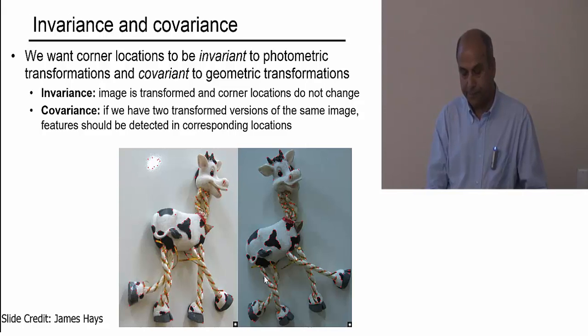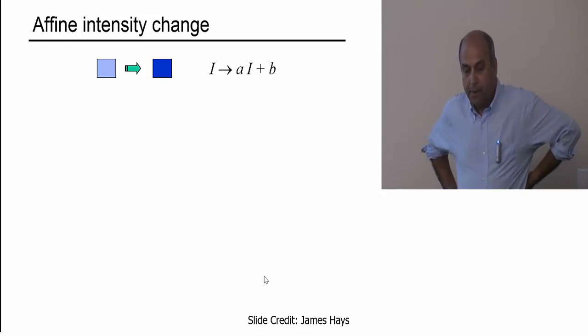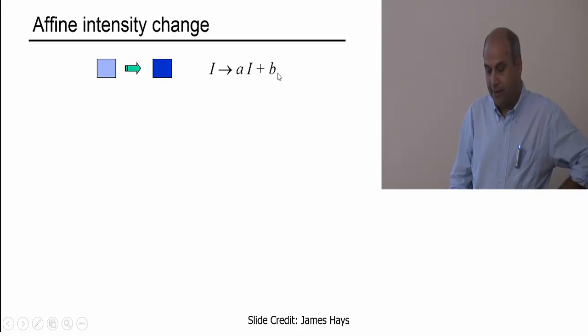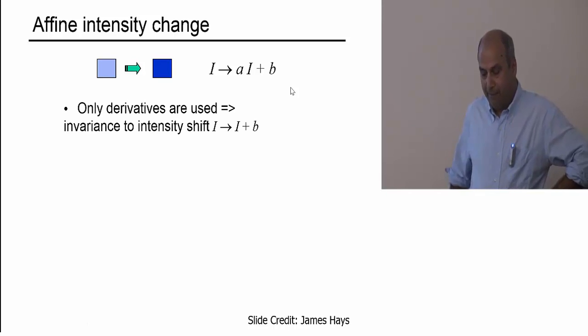As we see here, there's the same object, and we should be able to match those. So now a simple change would be that you take an intensity I and multiply it with some constant, and then add some constant to that. That's called an affine intensity change.